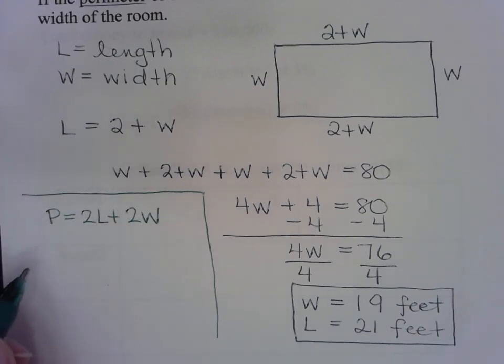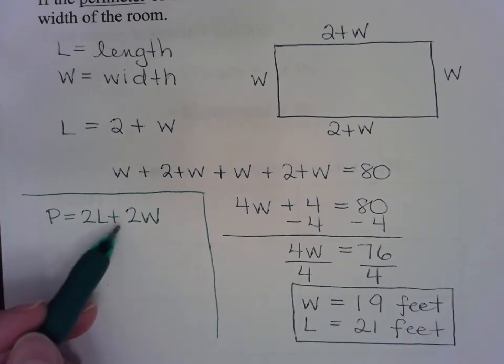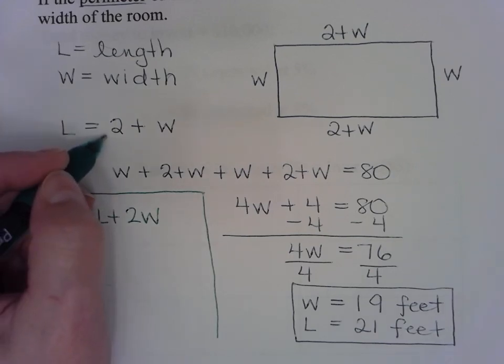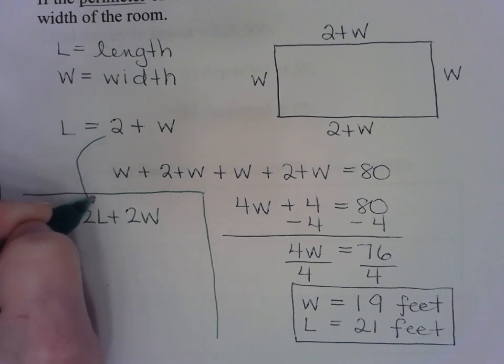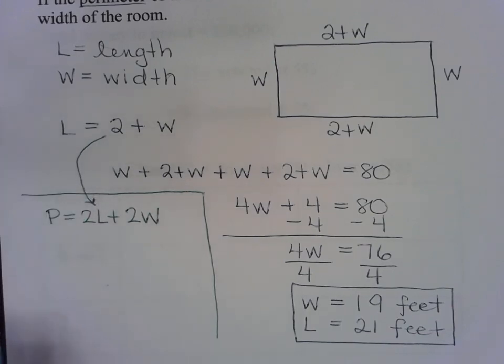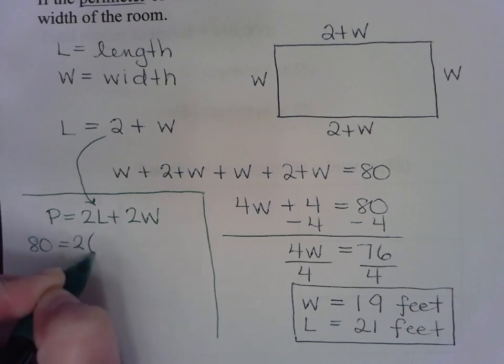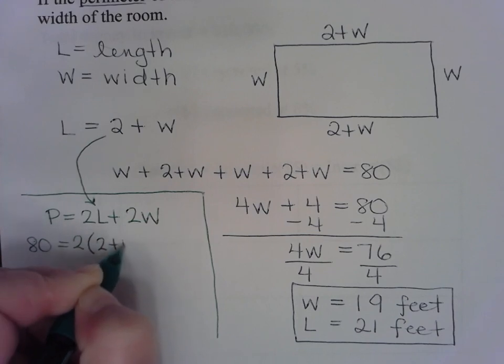For a rectangle, the perimeter is 2 lengths plus 2 widths. And so what happens when you use two variables is you can make a substitution and use that relationship in place of L. So you already know the perimeter is 80. And in place of the length, we can put in the 2 plus W.